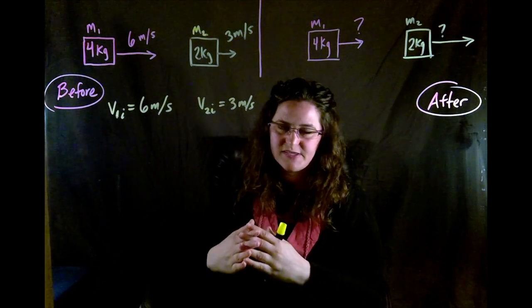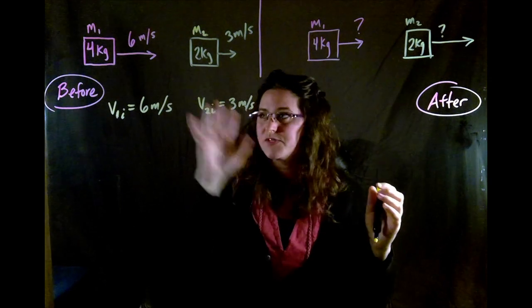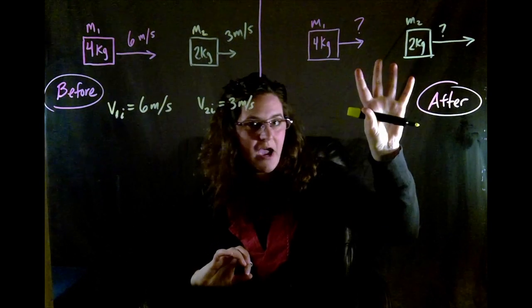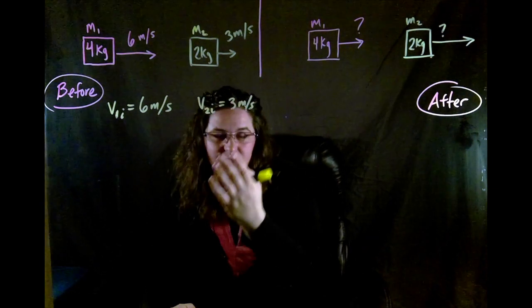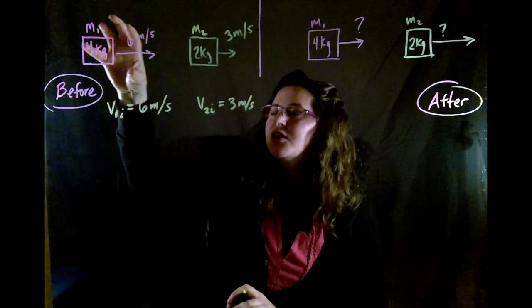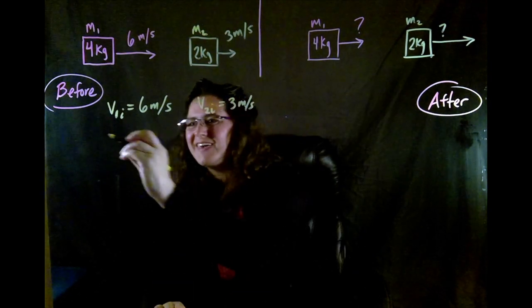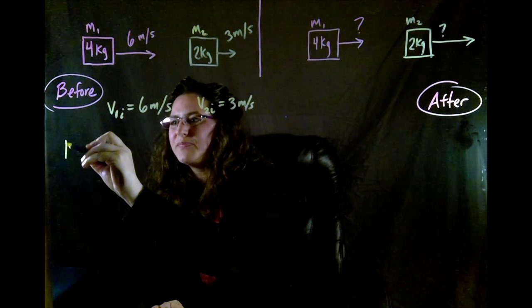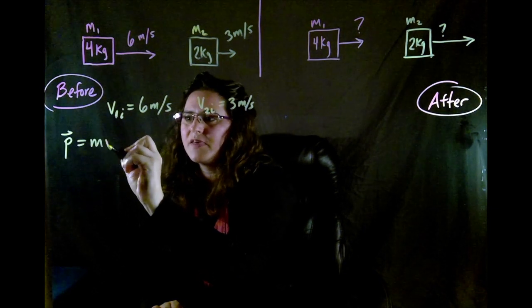Momentum conservation says that the initial momentum is equal to the final momentum. So our before momentum is equal to our after momentum. So let's go ahead and set up that equation. Our momentum before is a sum of the momentum of this block with the momentum of this block. P is a vector that looks like mv.